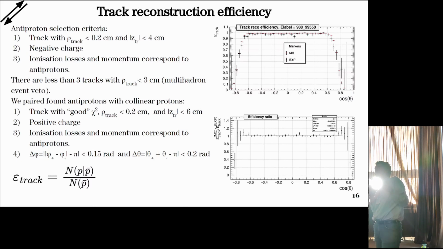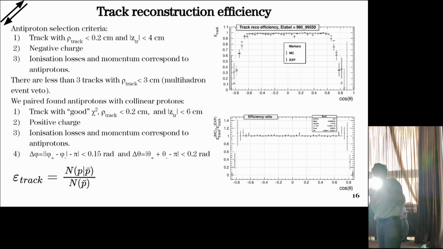It's pretty much the same cuts that we used before, but a bit stricter. Low rho of tracks and small z of tracks mean that they are generated from the interaction point.